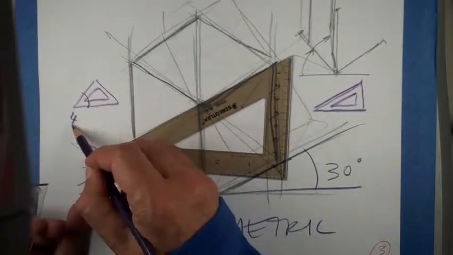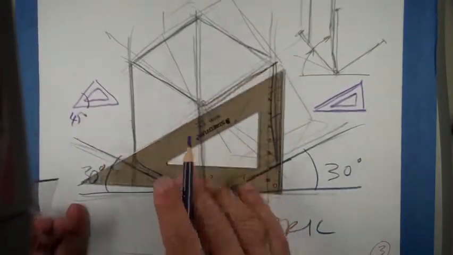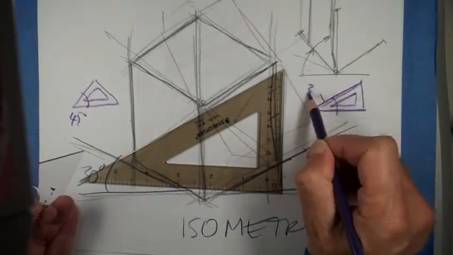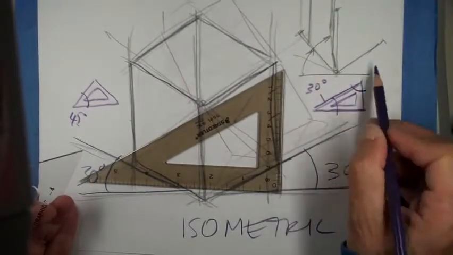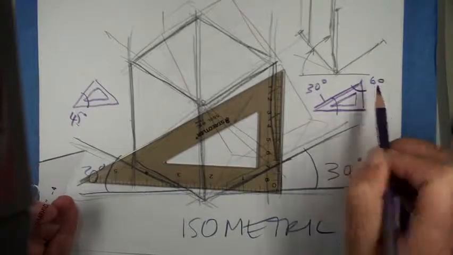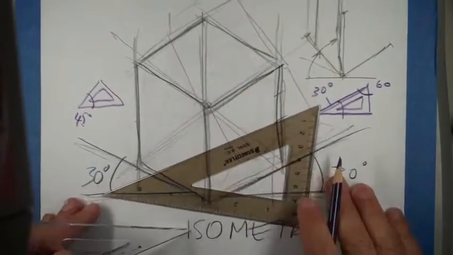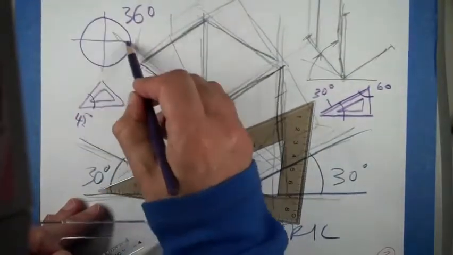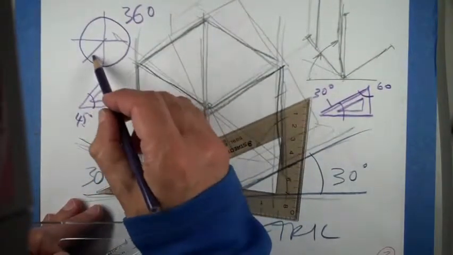where this is 45, and this is 30 degrees, and this is 60 degrees. Really all that means is that, if you have 360, a 45-degree angle is this one.